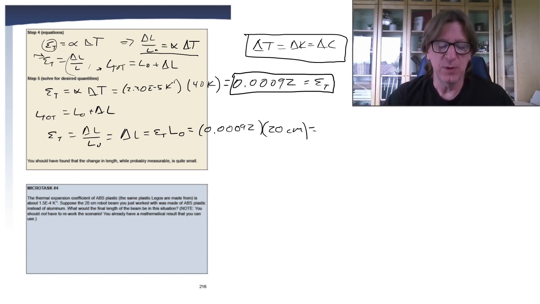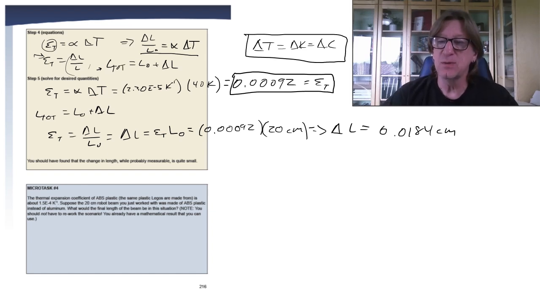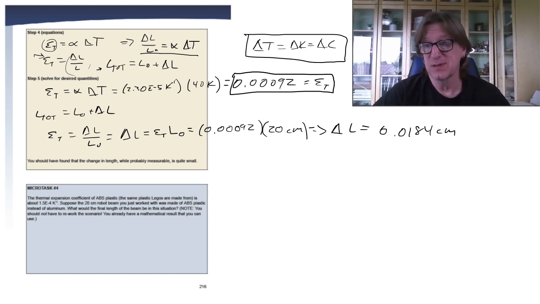If I multiply that number by 20, then we get that delta L is equal to 0.0184 centimeters. So it's only going to expand by about 2/100ths of a centimeter.